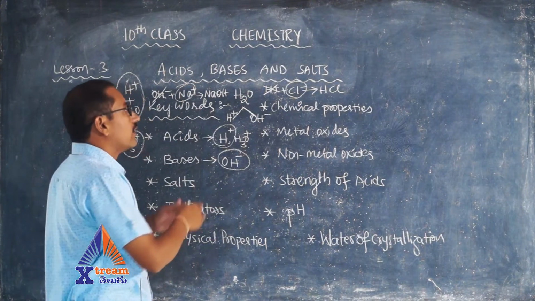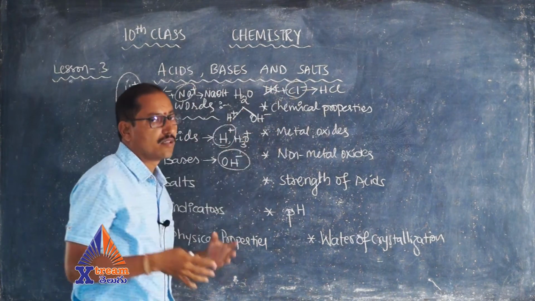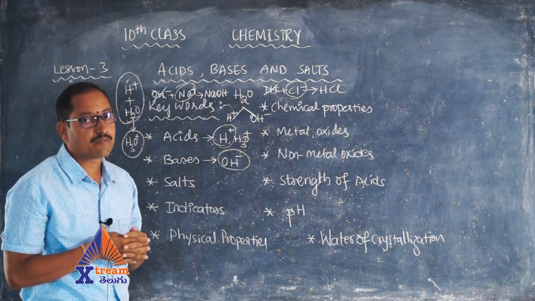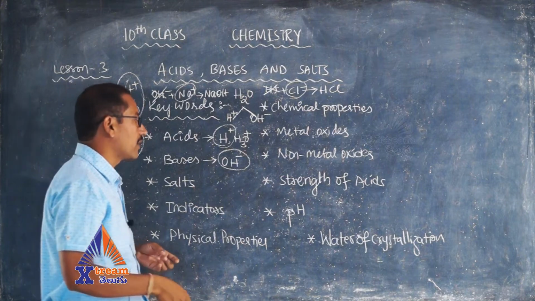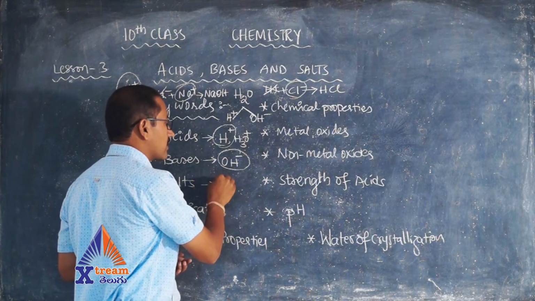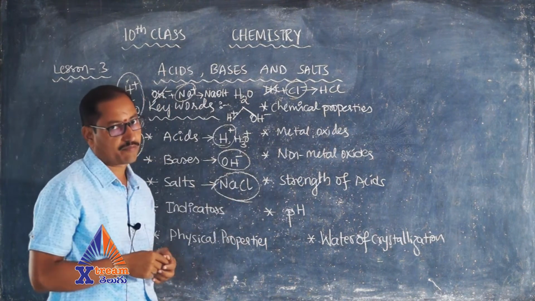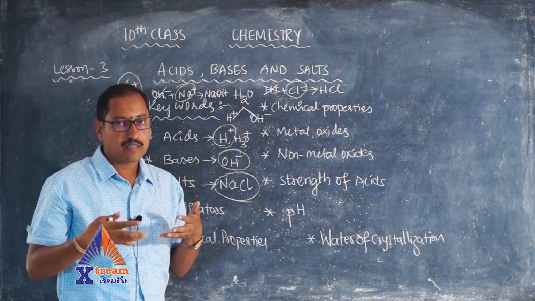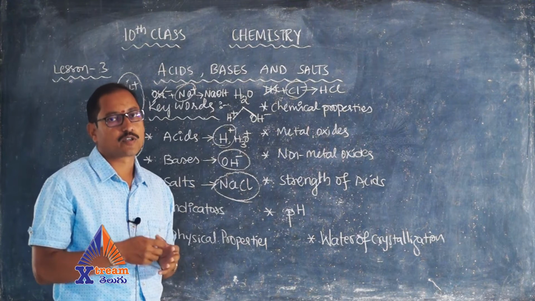This metal ion and this non-metal ion, when they combine with each other, they form a metal non-metal combination, that is NaCl, which is salt. So one anion and one cation, when they come together to form a neutral molecule, that molecule is generally called salt.